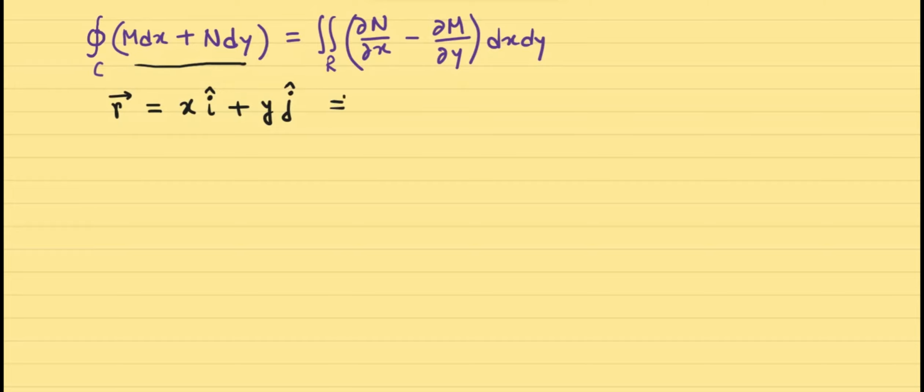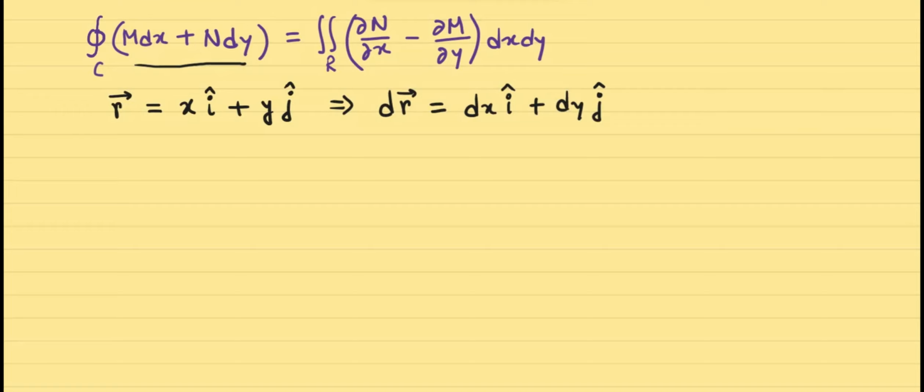And if we take the differential of the r vector, we end up with dx i hat plus dy j hat, precisely because i hat and j hat are constant vectors, and so under this operation they do not change.